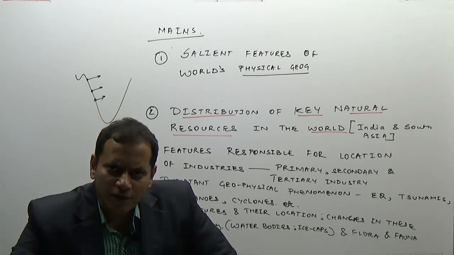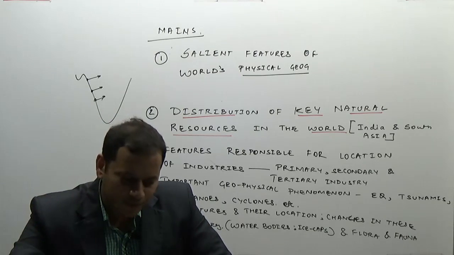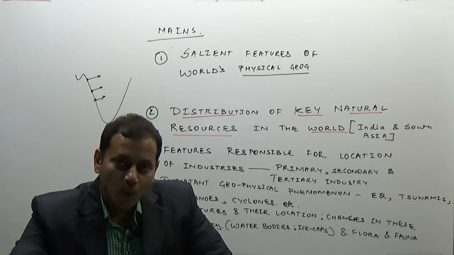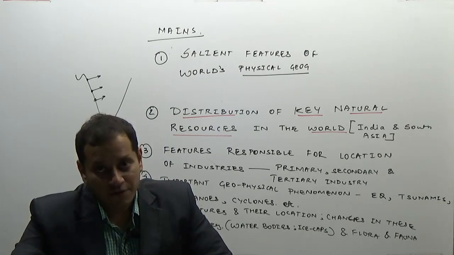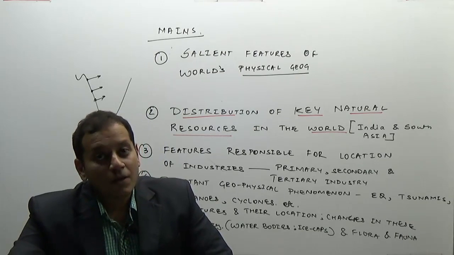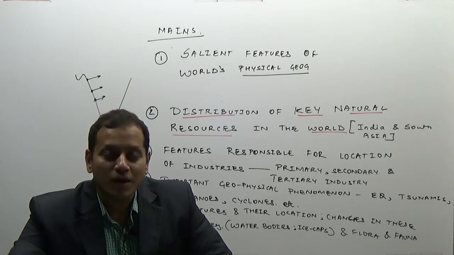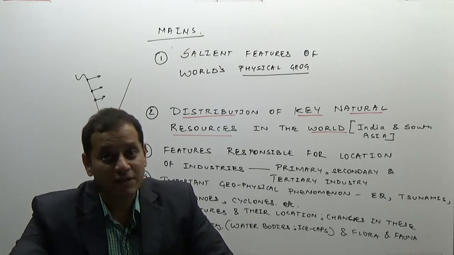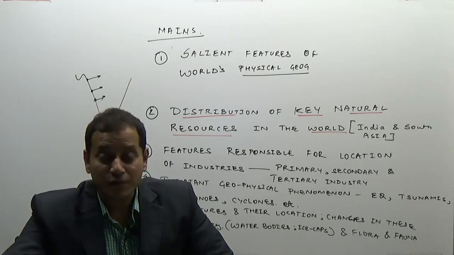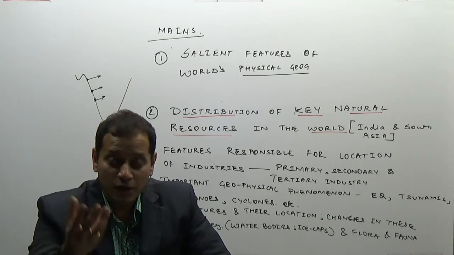Iron ore is associated with the rocks which are known as metamorphic rocks. Black soil is associated with basaltic rock, which is a rock which comes out during a volcanic eruption.